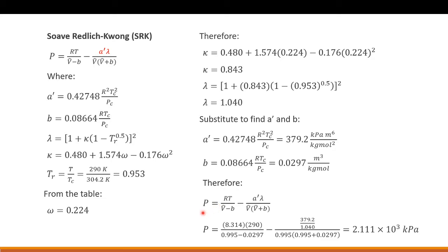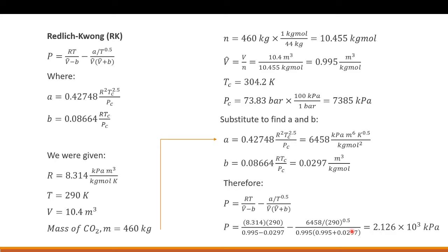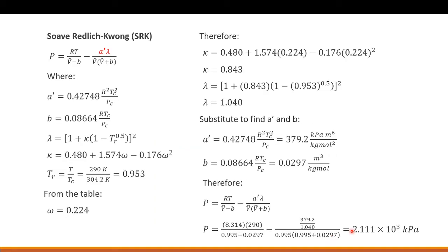Now, to determine the pressure, we substitute all the values that we have found into the Soave-Redlich-Kwong equation, and we get that the pressure is equal to 2.111 times 10 to the power of 3 kilopascal. So basically, there's not much difference between them, slightly different.